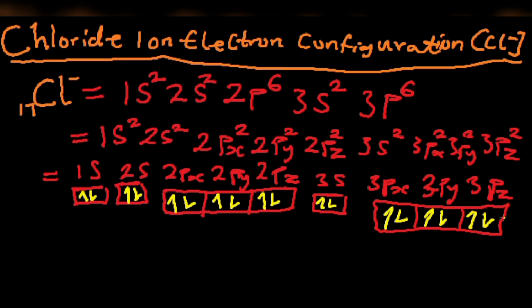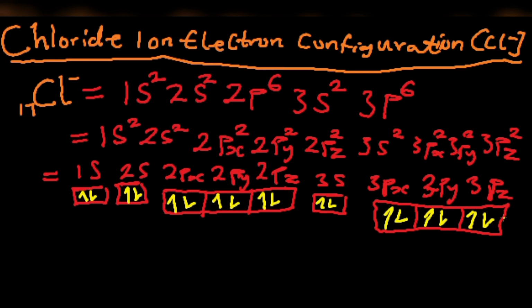Okay, the chloride ion. So let's add the neon core configuration and then we end there. We learned from the chlorine atom configuration that when we are talking about the noble gas core configuration, we have helium core, neon core, argon core in that order. I made mention of the fact that when we are talking about a core, we're talking about the inner electron configuration.